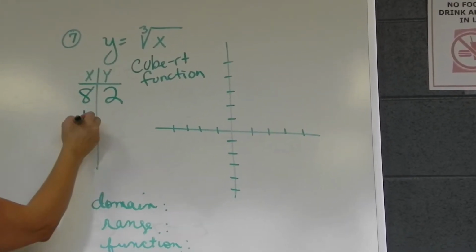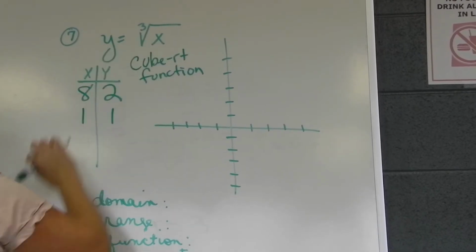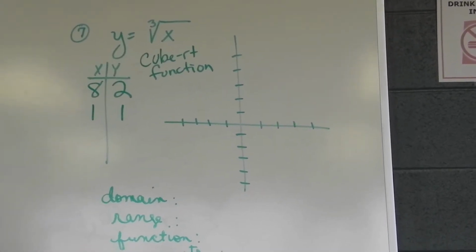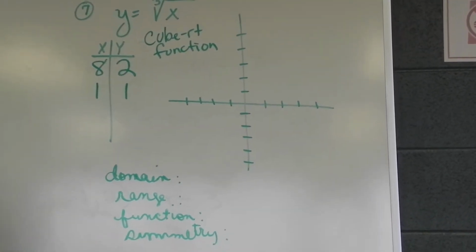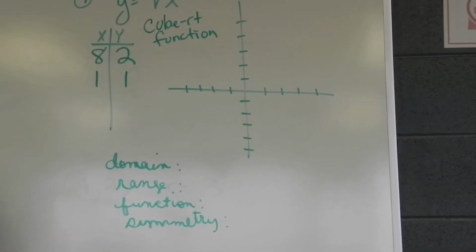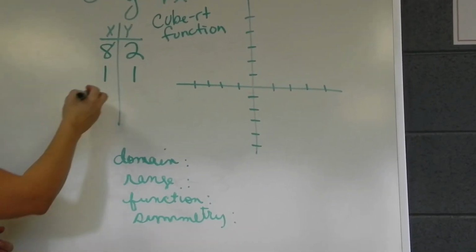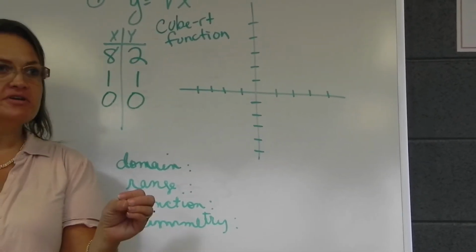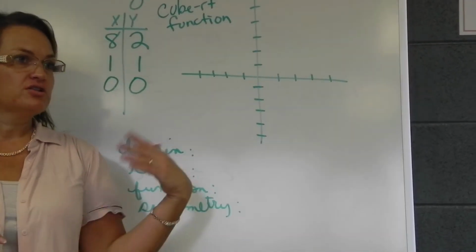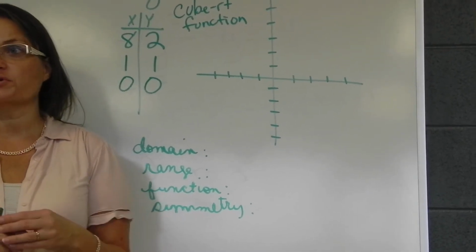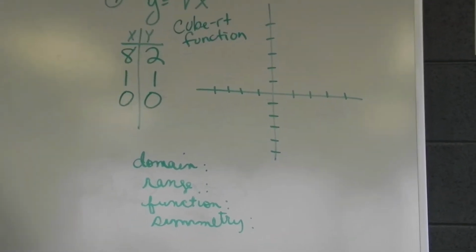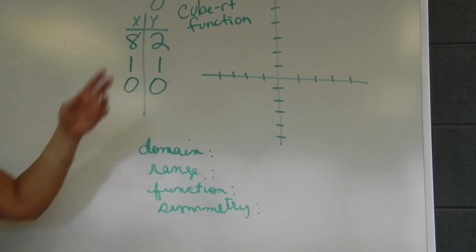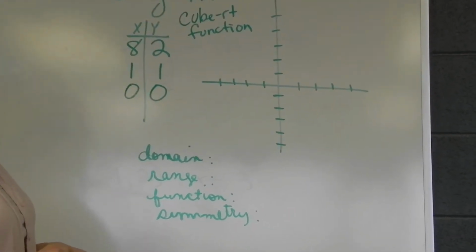One and 1 is true. 1 for x. Cube root of 1 outputs 1 for y. How about that 0? Can we put in 0? The cube root of 0, and you can verify this always on your calculator. If you put something in that's not real, your calculator throws out an error message or says not real or domain error, something you know that's not right with it. So cube root of 0, you can check that out, is 0.